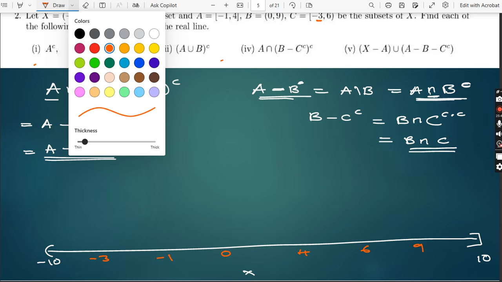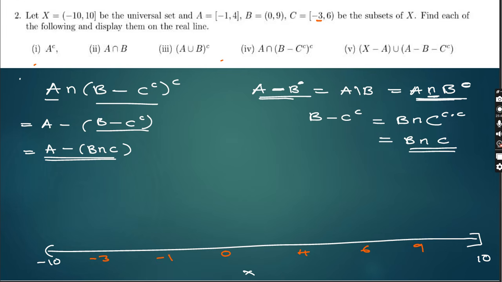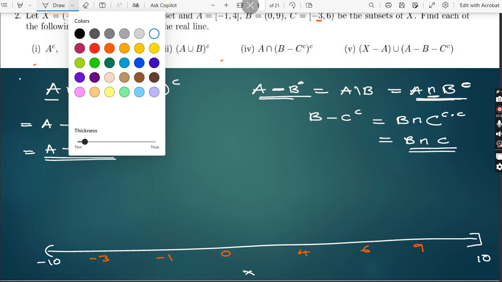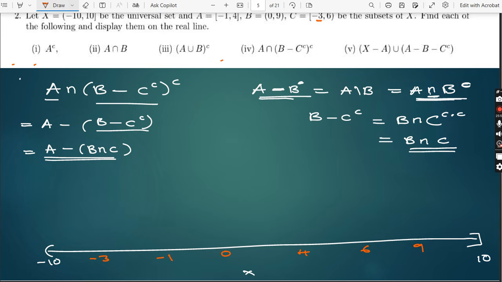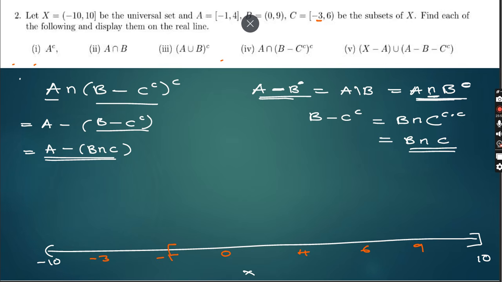So what we are going to do, guys, we're going to draw our set, using another color. We are going to draw our set A. Set A is running from -1 to 4, and both are included. This is our set A.